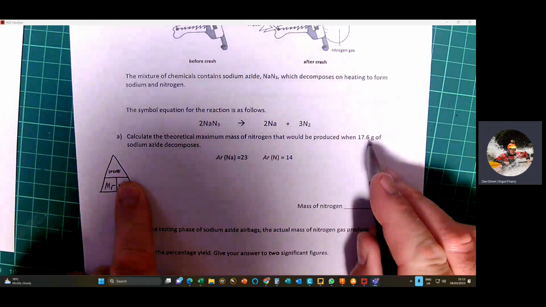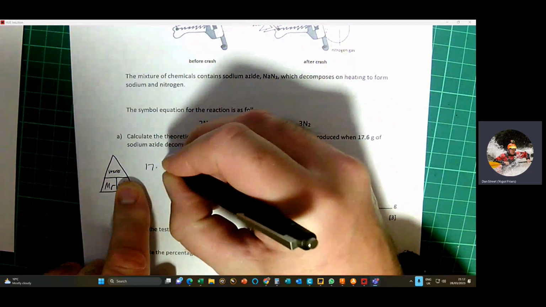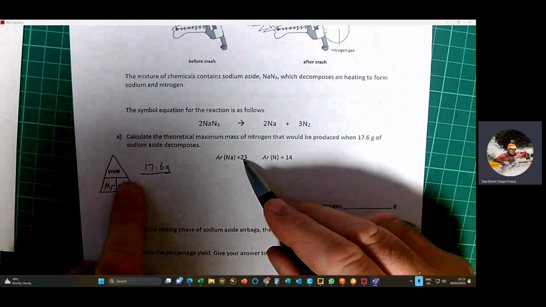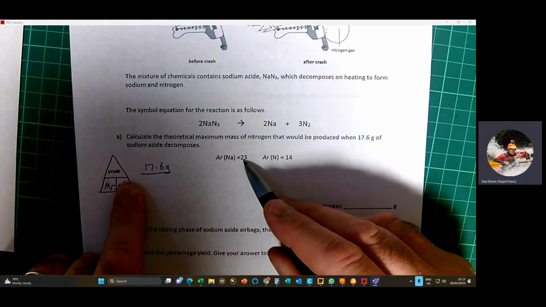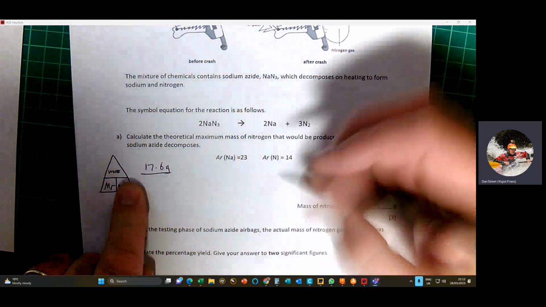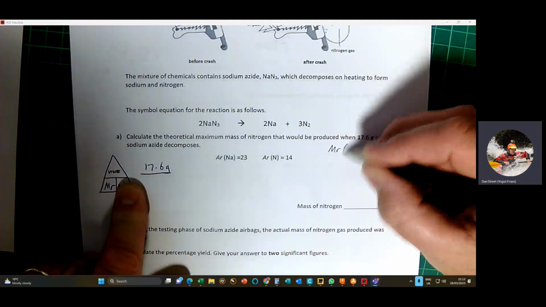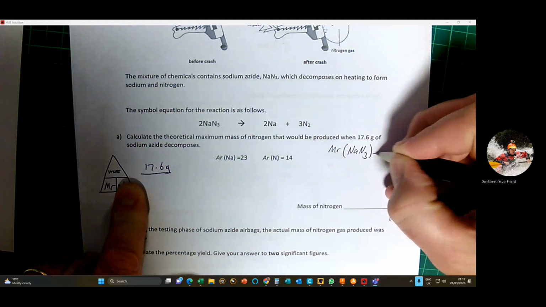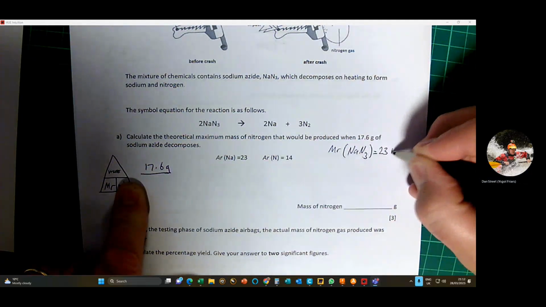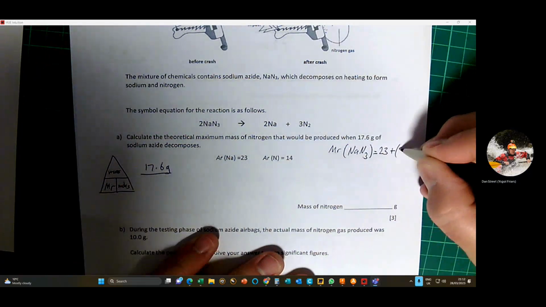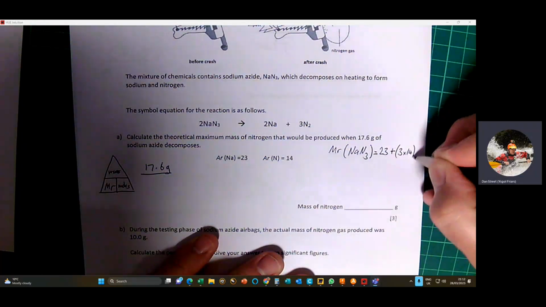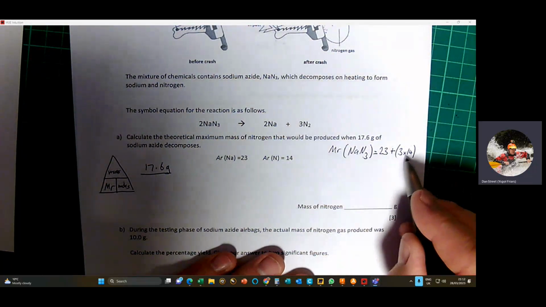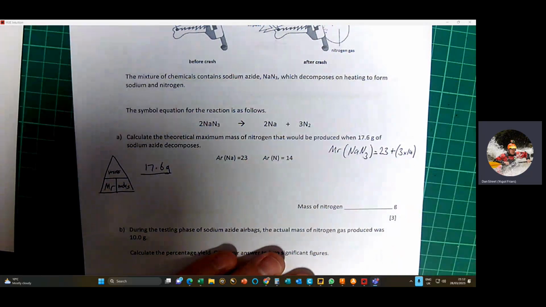Okay, so the number of moles is the mass divided by the MR. We're given the mass, okay, so 17.6 grams. And the MR we can work out using information given to us in the question. Okay, so the MR of NaN3 is 23 plus 3 times 14. Okay, so the 23 is the mass of 1 sodium, and 3 times 14 is the mass of 3 nitrogens.